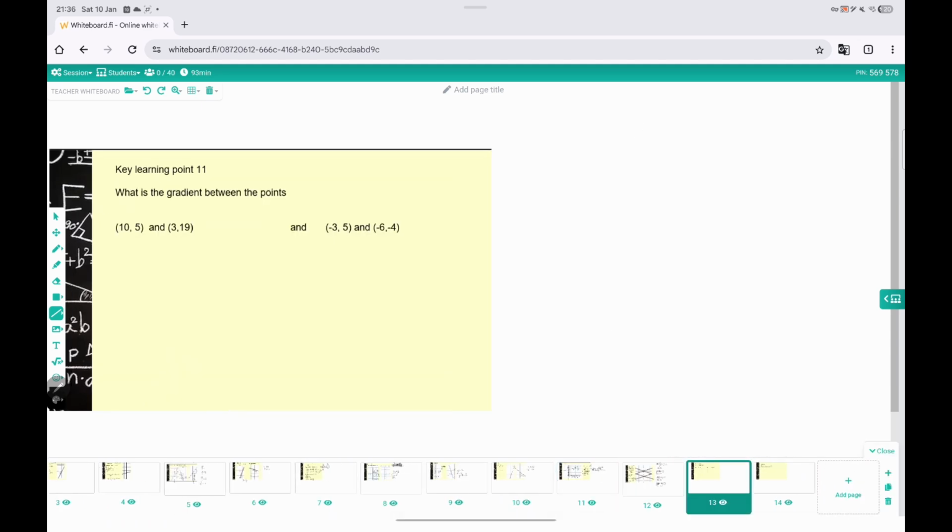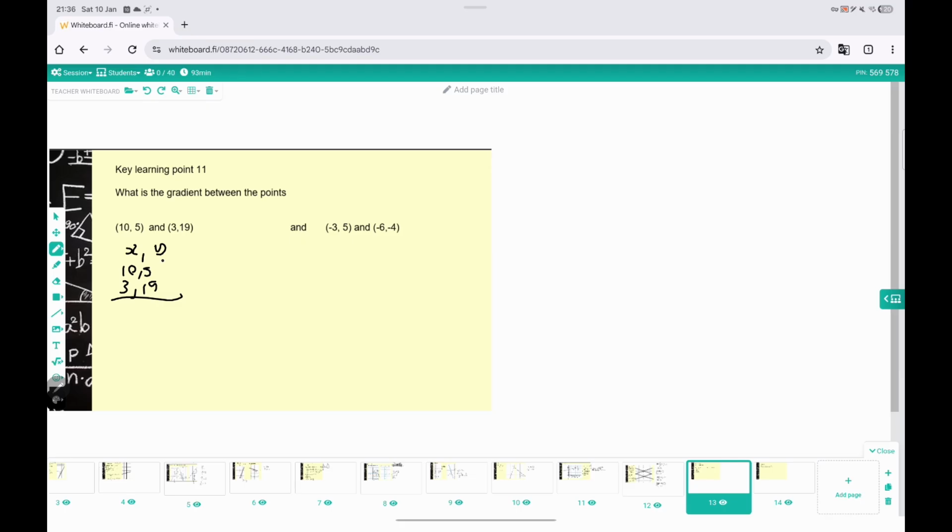Right, I was going to throw in gradients as well from 2 points. So remember the rule I told you: take one of them and put it above the other in a subtraction, because you're looking for the change in y and the change in x. So if we take 10, 5 and 3, 19 and we subtract them between each other, because remember subtraction helps us find the difference between any two numbers.